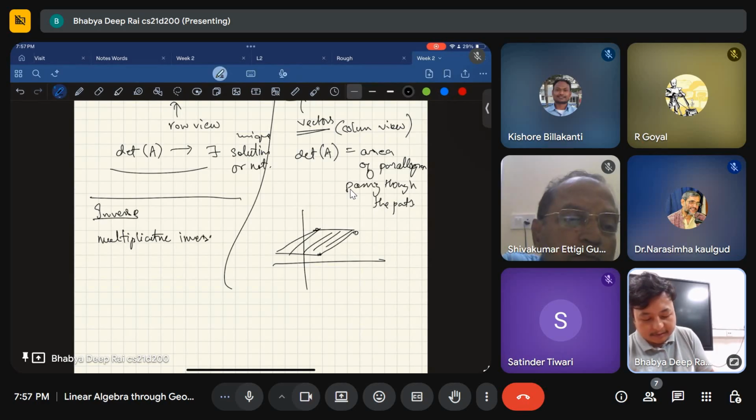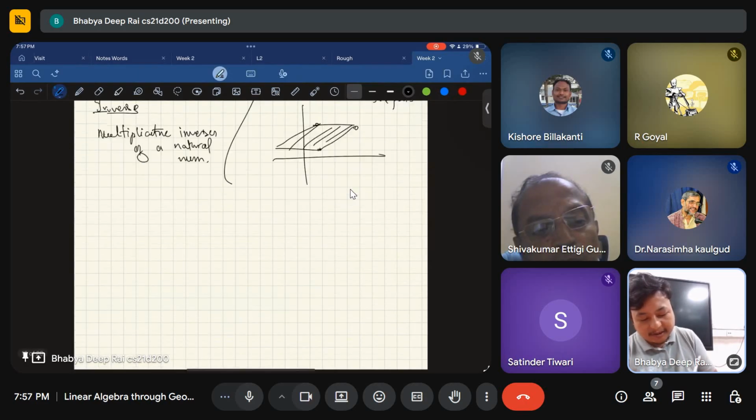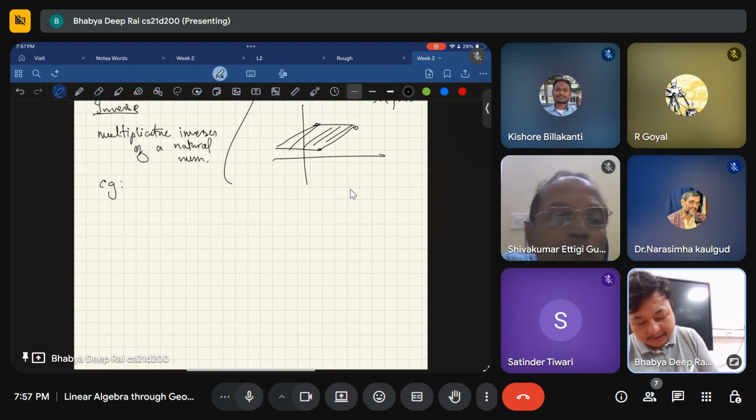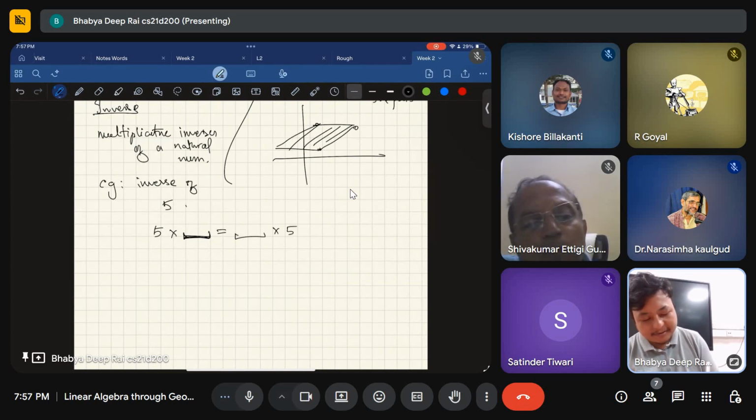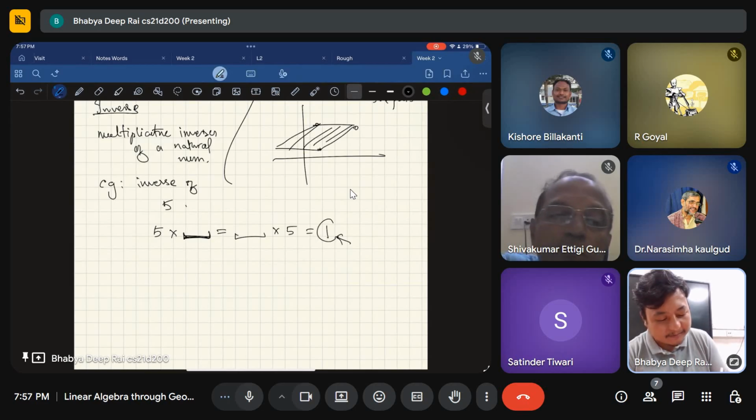Take the inverse of a natural number, for example 5. The multiplicative inverse of 5 is that particular thing which you multiply with 5, on either side, such that you get a 1, which is called the multiplicative identity.